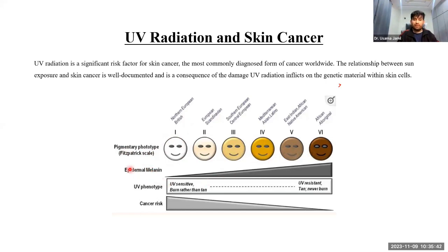So this graph shows the amount of melanin being produced in the person's body. The epidermal melanin is the least in northern European and British individuals, or the locals of that area, and it is maximum in people of African origin.